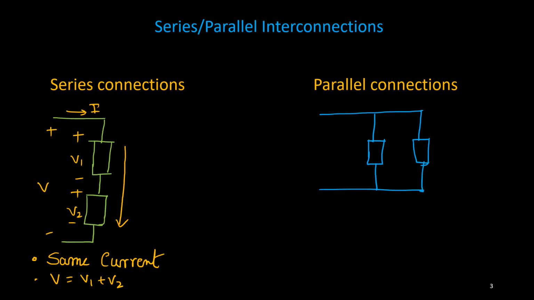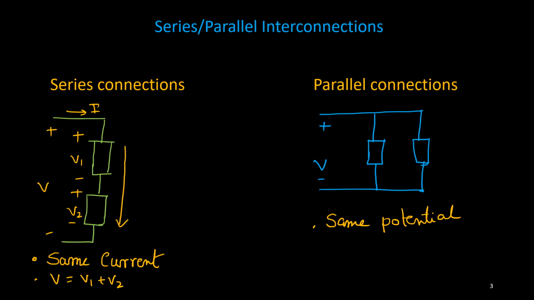They are connected at the same node. So this potential V will be the same for both the elements. Here the concept is that the same potential or voltage will develop across these two elements.